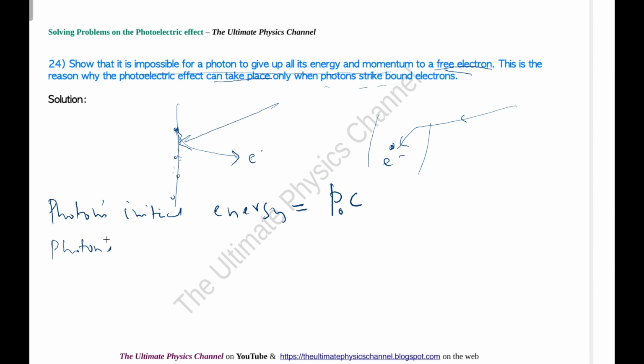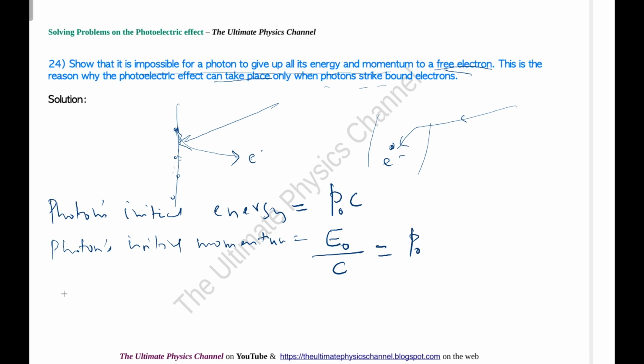What is the expression for P naught then? The photon's initial momentum is E over C. Since we have used the suffix 0 here, we will use it there also. P naught is E naught over C. This we know from relativity.